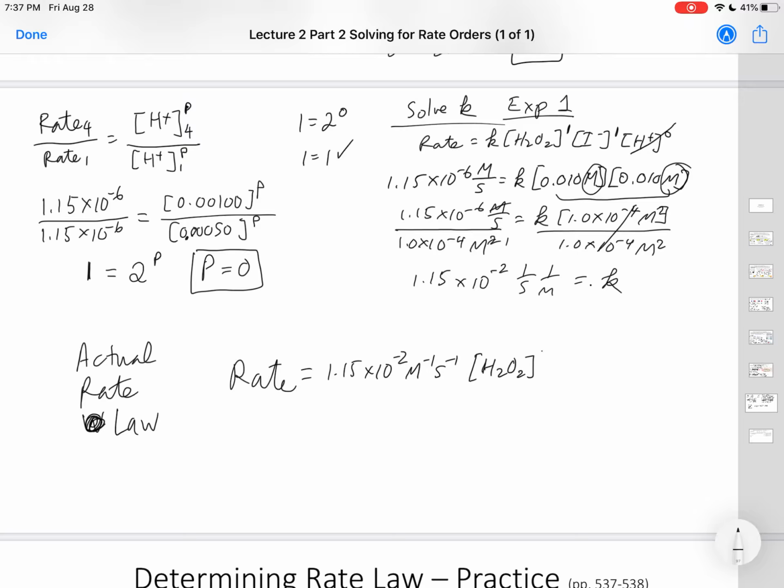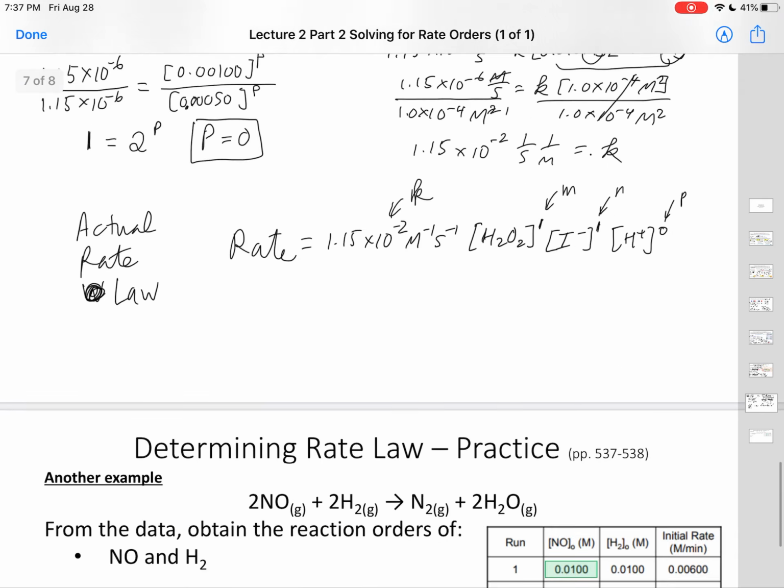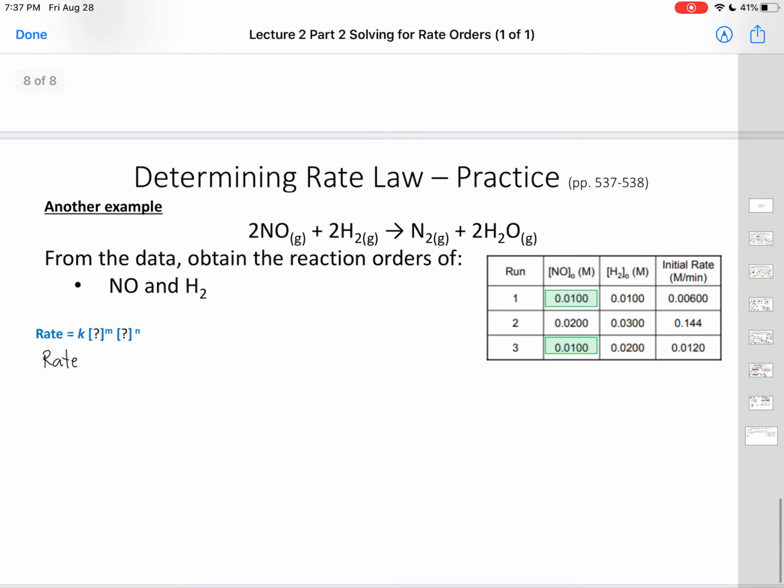H2O2 to the 1, because M is equal to 1, and I minus to the 1. And if you wanted to, you could write H plus to the 0. You don't need to, because anything to the 0 is 1. So you've solved for M, you've solved for N, and you have solved for P, and you have solved for K.